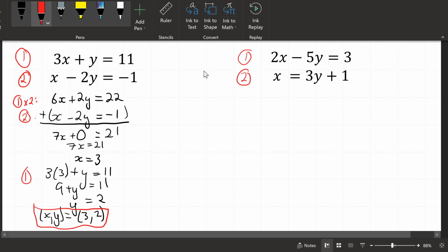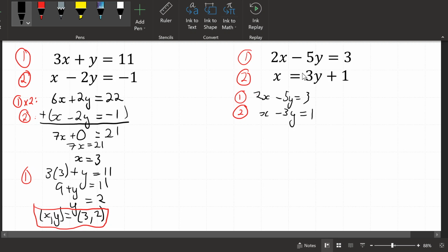Well, first, we'll just jot in equation 1 there again. We've got 2x minus 5y equals 3. And for equation 2, we're going to edit that, so we're bringing the 3y over. So we'll end up with x minus 3y equals 1. So just manipulating these equations, nothing more.